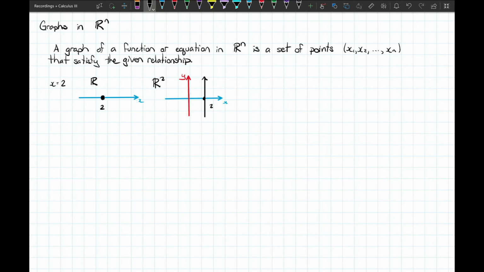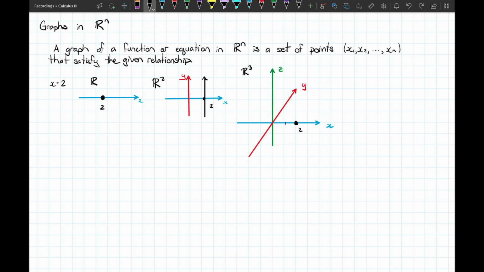Okay, well, let's go one further now and take a look at R3. In R3, we have our x and y, but also a z-axis, and here I've labeled where x is equal to 2. And of course, if we just have x equals 2, then the coordinate (2, 0, 0) satisfies this given relationship x equals 2. But y and z can be anything.